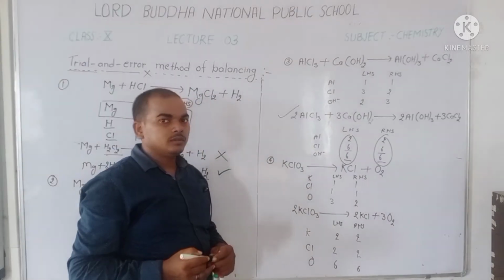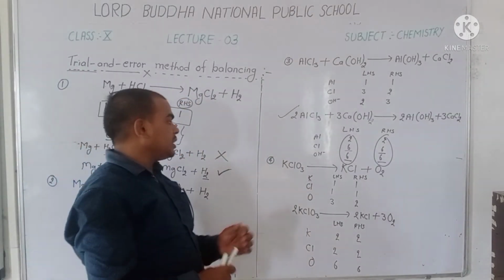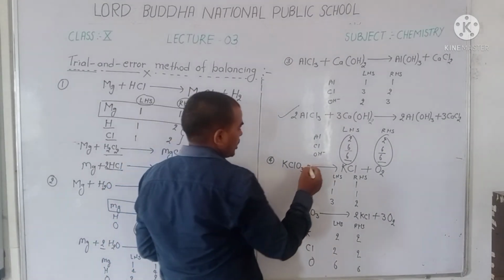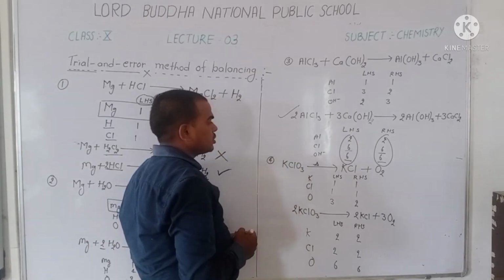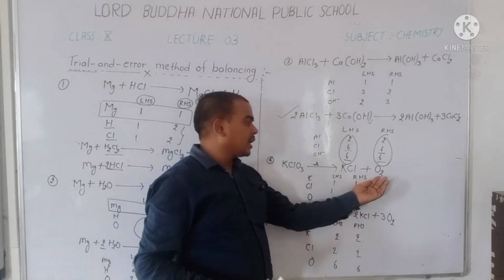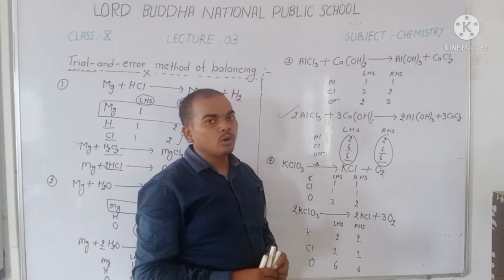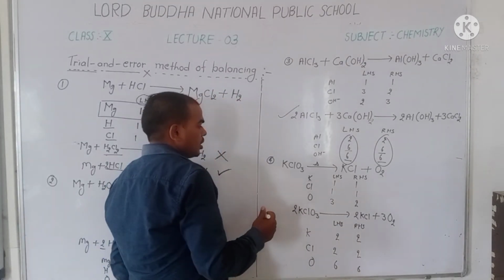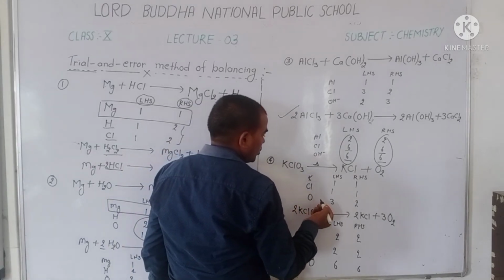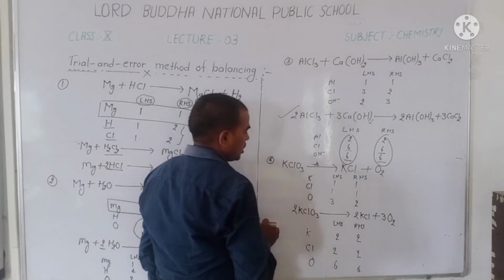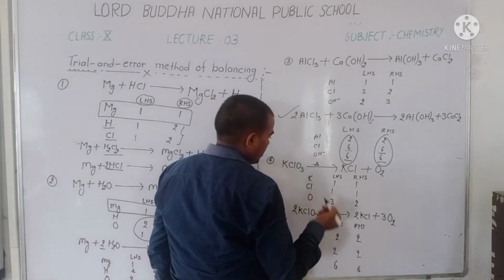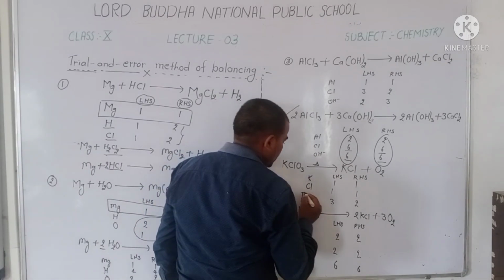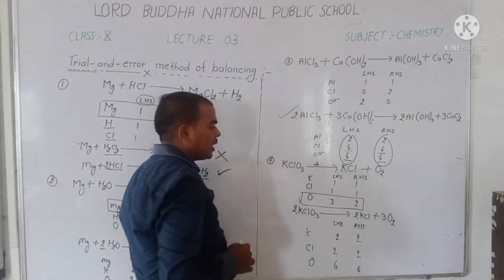Fourth example: if we heat potassium chlorate, it produces oxygen gas and potassium chloride. But in this equation, the number of chlorine is balanced, the number of potassium is balanced, but the number of oxygen atoms is not balanced.